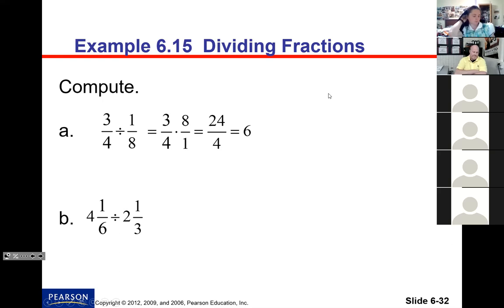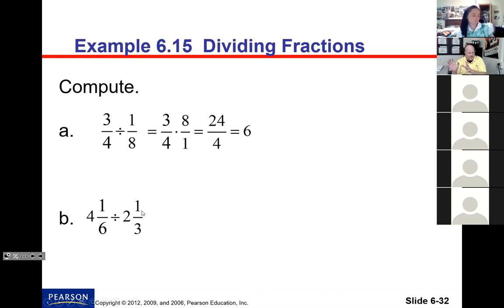Okay, now what about B? What's the problem with B? It's a mixed number. Here, I'll give you even a hint. When you're doing operations with mixed fractions, change them to improper, do the math, and then change them back. You'll have less stress on yourself and your students. So we want to take both of these, the 4 1/6 and the 2 1/3.